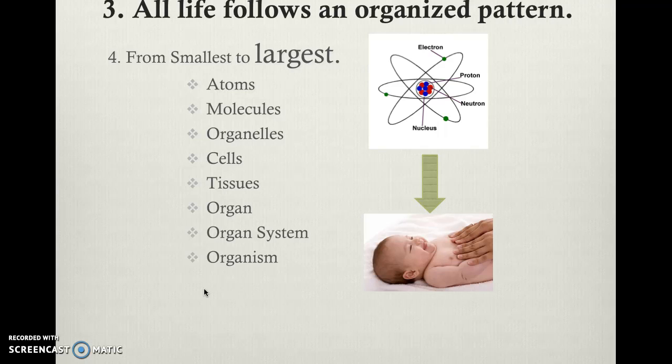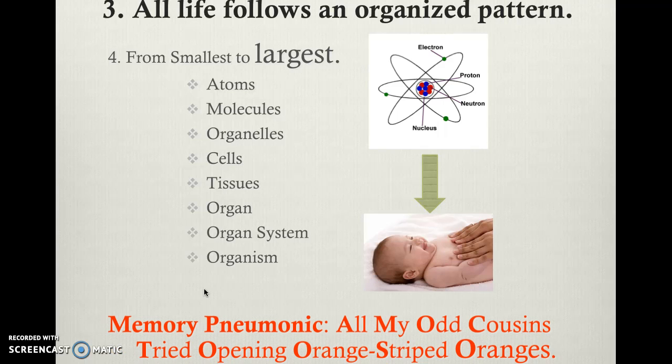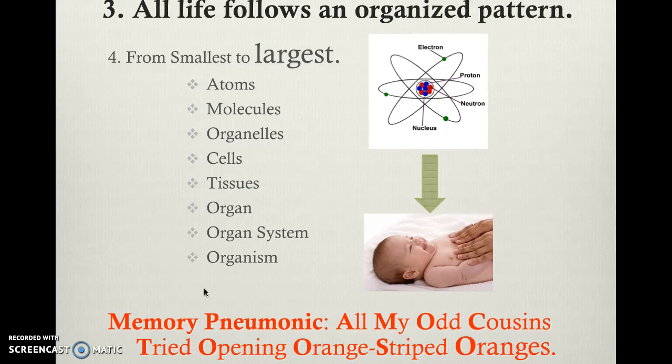As a biologist, you're going to really look at how atoms relate to organisms, and how that connects together within 1 through 8. A good memory mnemonic for all of these 8 is, all my odd cousins tried opening orange striped oranges. This is a good way to remember it, especially for your unit exam at the end of this unit.